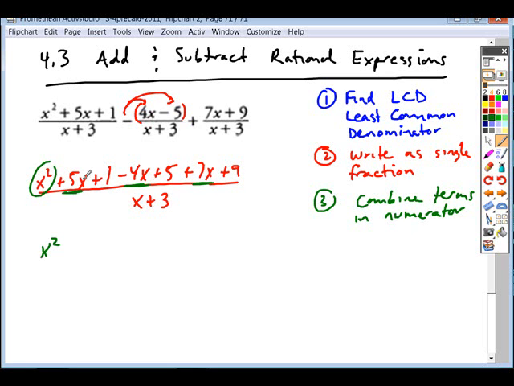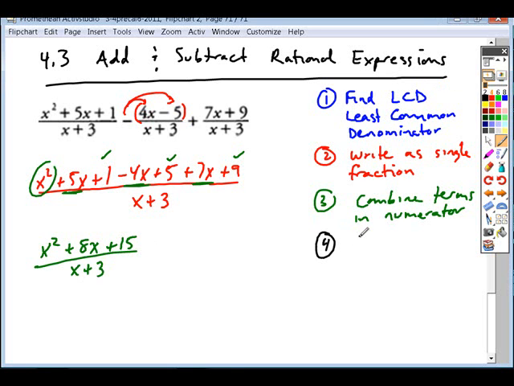When we combine them, 5x minus 4x is plus 1x, plus 7x gives you a plus 8x total. And then we have our constants, plus 1, plus 5, and plus 9. That gives us a net sum, all divided by our denominator, which does not change throughout the whole process. Once you find your LCD, it's the same throughout.